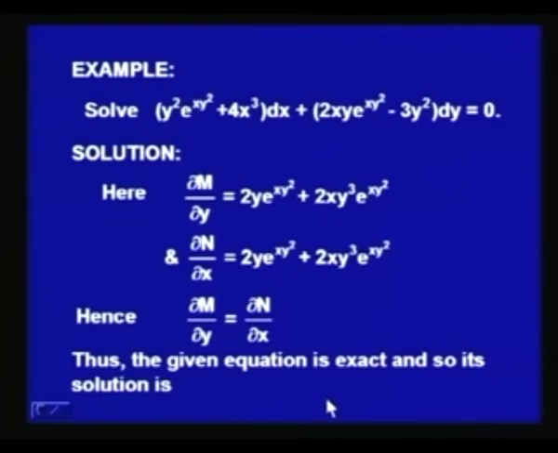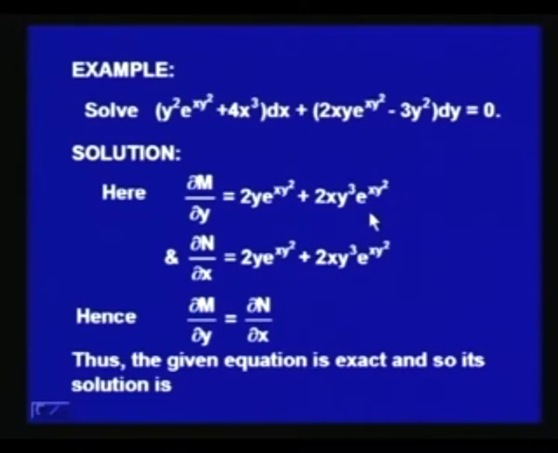Let us take one more example of an exact differential equation: (y square into e to the power xy square plus 4x cube) dx plus (2xy into e to the power xy square minus 3y square) dy equal to 0. So, here you can see that delta M over delta y is equal to 2y into e to the power xy square plus 2xy cube into e to the power xy square.